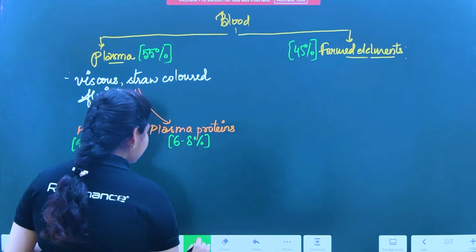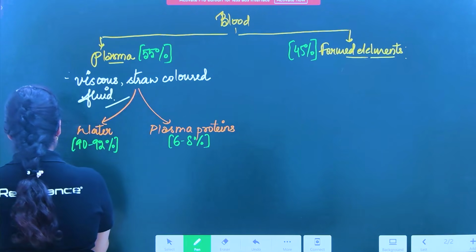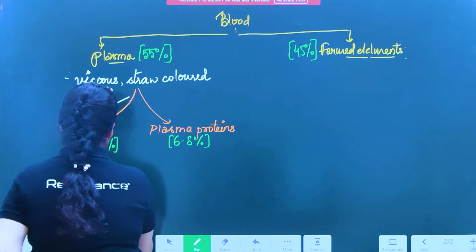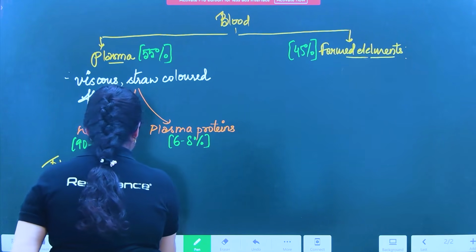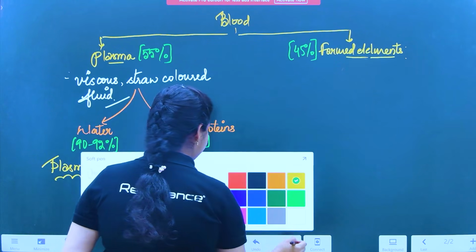Now, in this water we are having certain plasma minerals. What are those plasma minerals?